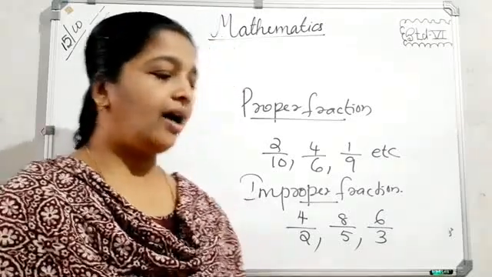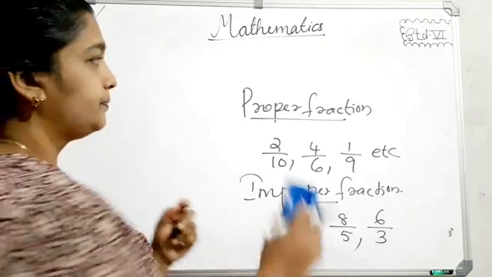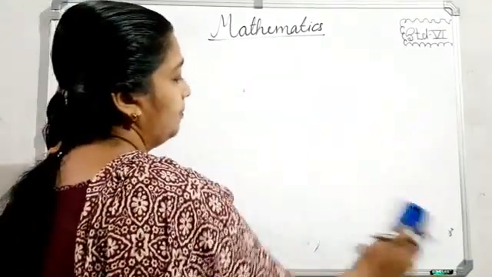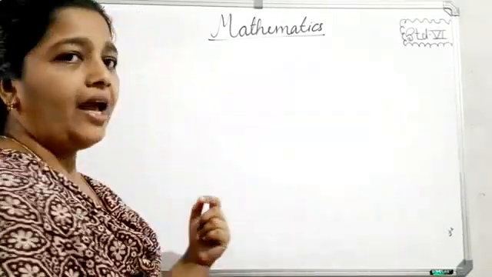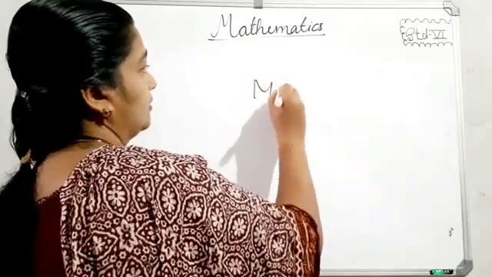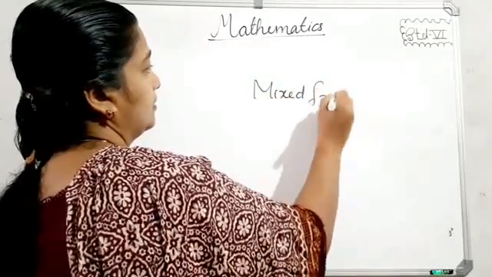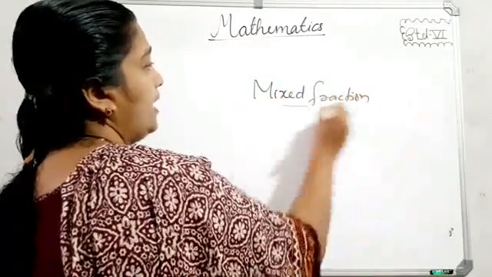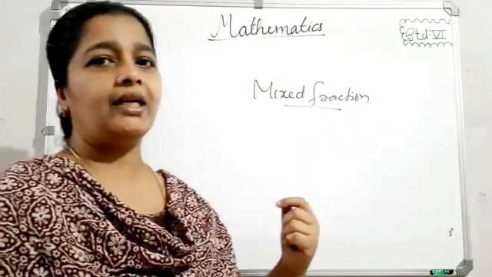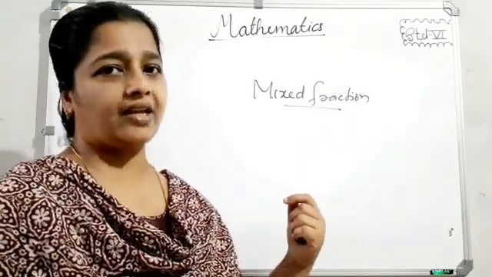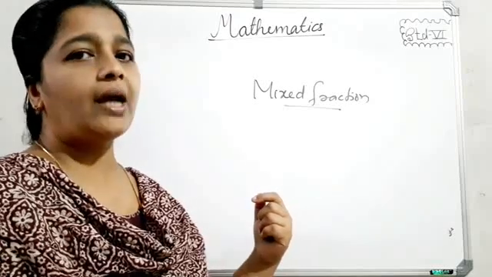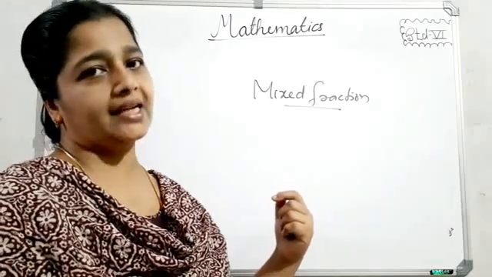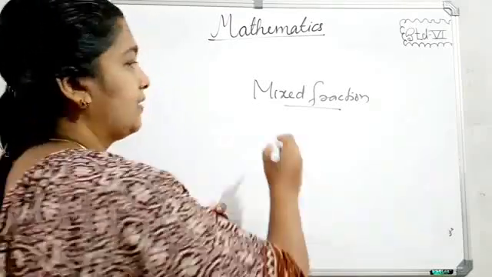Then next, what is a mixed fraction? Listen, an improper fraction can be represented as a mixed fraction. That is, a whole number with a proper fraction is called a mixed fraction.